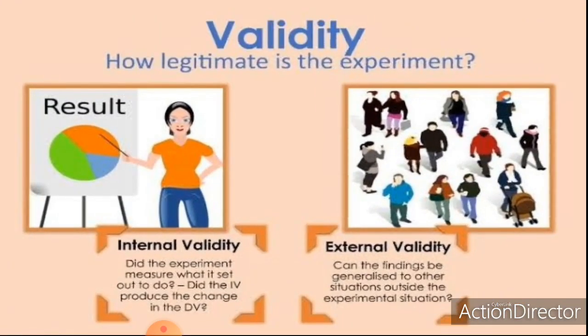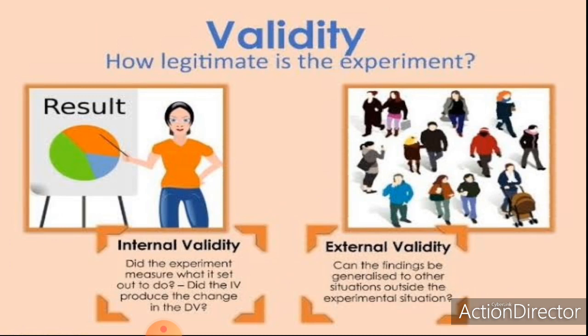So, first internal validity. Internal validity means making a valid conclusion about the effect of the independent variable on the dependent variable. In other words, internal validity means identifying whether the change in the independent variable actually caused the observed effects on the dependent variable.